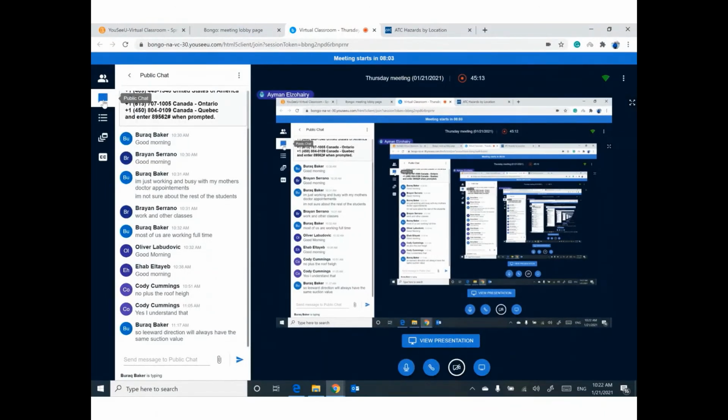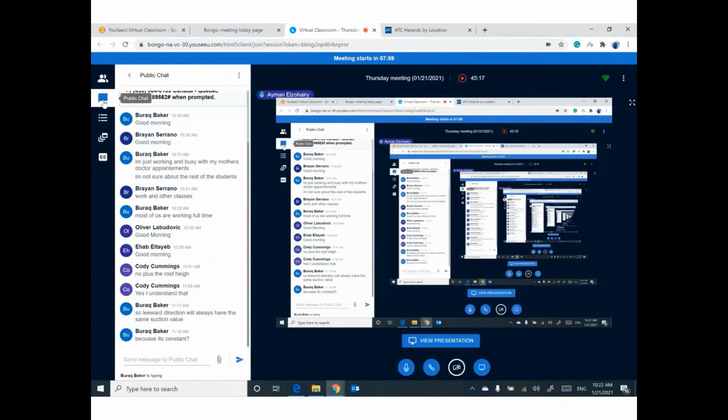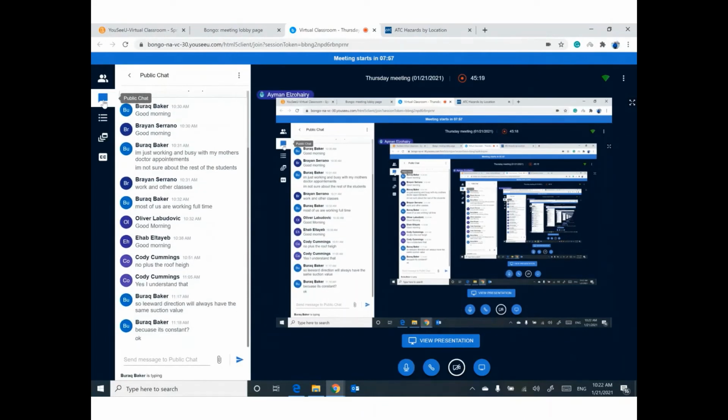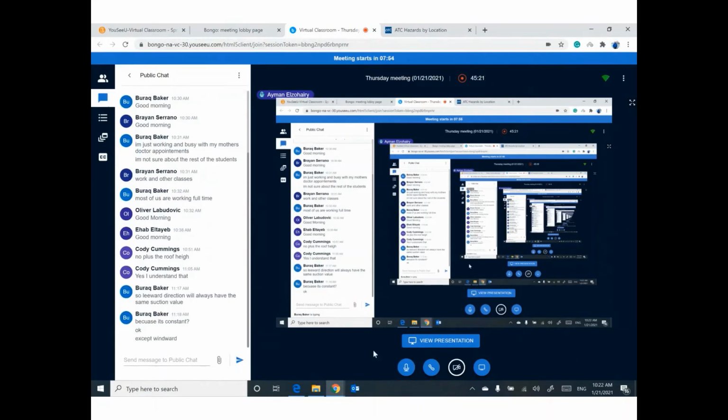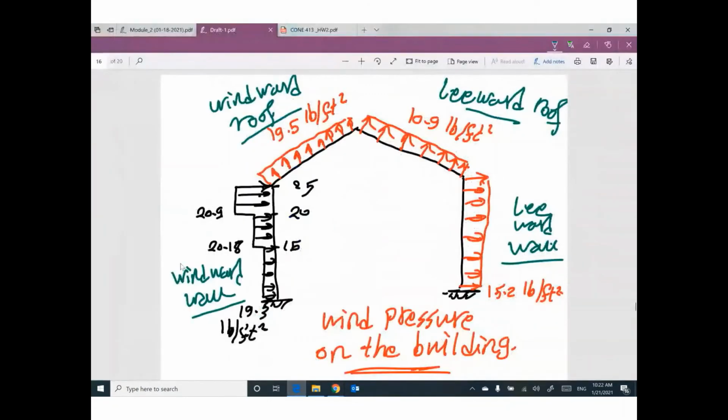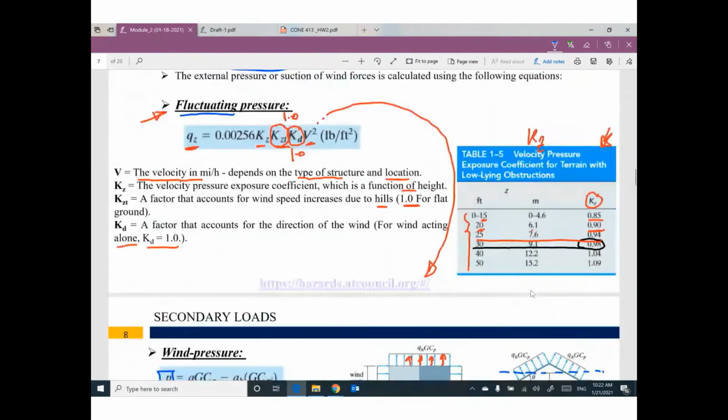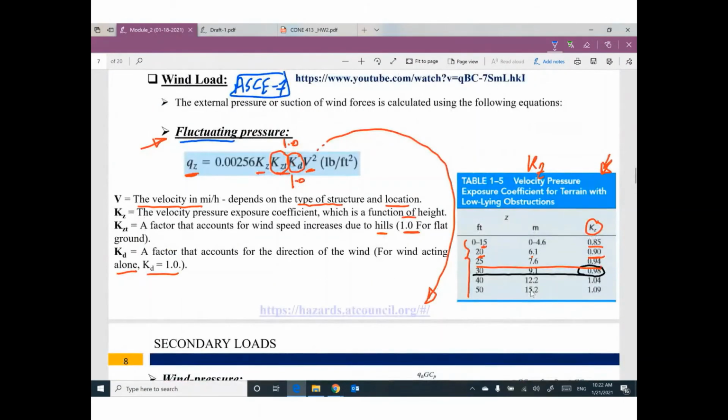All directions have a constant value, except the windward. We need to calculate at each elevation. How can I figure out these elevations? Based on this table, because we have different values of KZ at different locations.